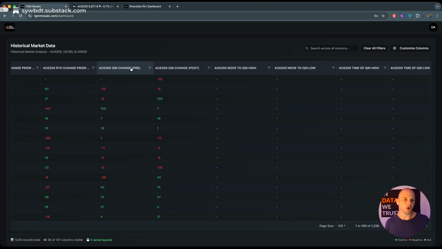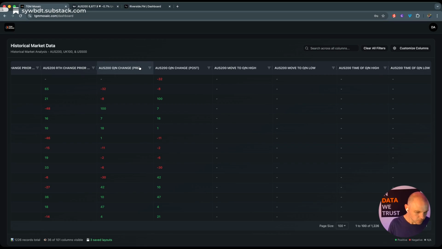Our market should open 50 points lower, okay? It makes sense. If the US has dumped 100 points, that basket of 200 shares is probably going to open lower than where it was yesterday. And this number here will just give you a sense of how bad the market is expecting that 200 shares to open lower.